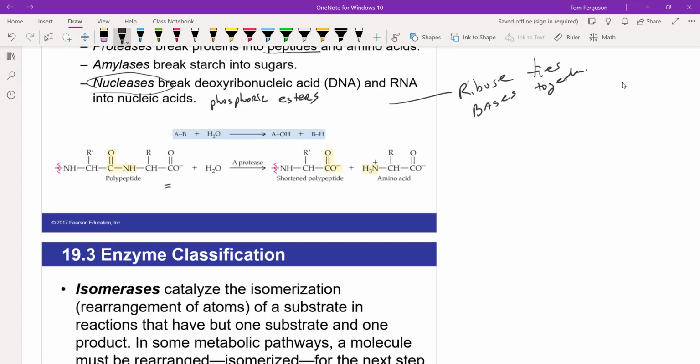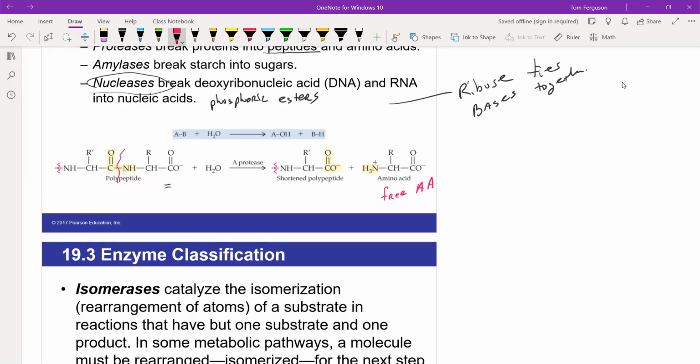We're going to end up cleaving that amide bond right there, giving us a free amino acid and a peptide shortened by one amino acid.